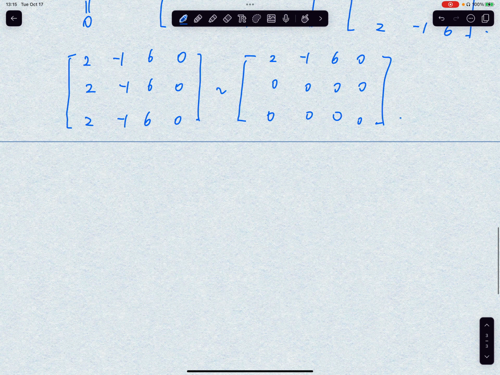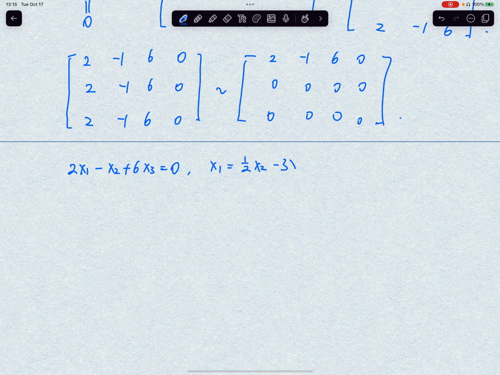So we have in the first row that 2x1 minus x2 plus 6x3 equals 0. So x1 equals 1/2 x2 minus 3x3.